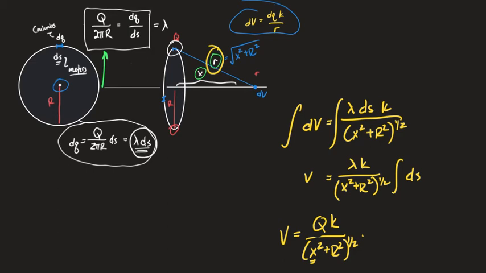Remember, the electric potential for a point charge is QK over R. That's electric potential for a point charge. Well, when we are at the center of the ring, all of the pieces of charge are the same distance away, R. So the electric potential there works out like that.